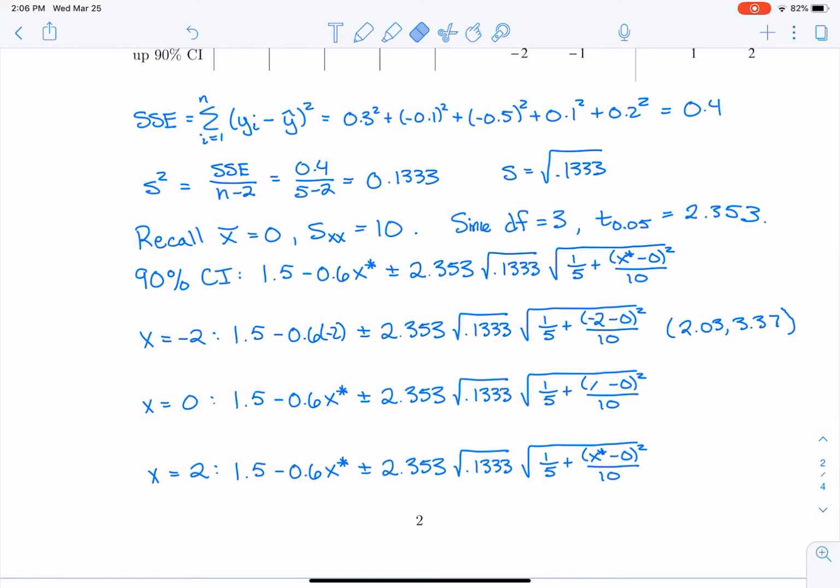Okay, so now I'm going to plug in an x star of 0. And when I do that, I'm going to get an interval of 1.12 to 1.88. And then I'm going to plug in 2 for this interval.